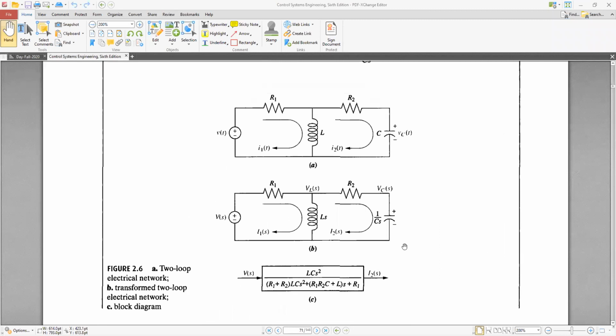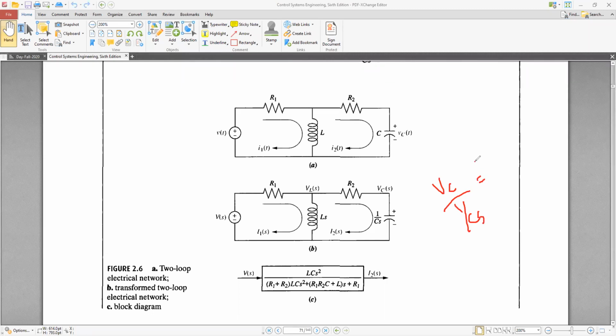Here see, for the capacitance, let me show you in a simple way: VC divided by 1 by Cs. So what does it mean?